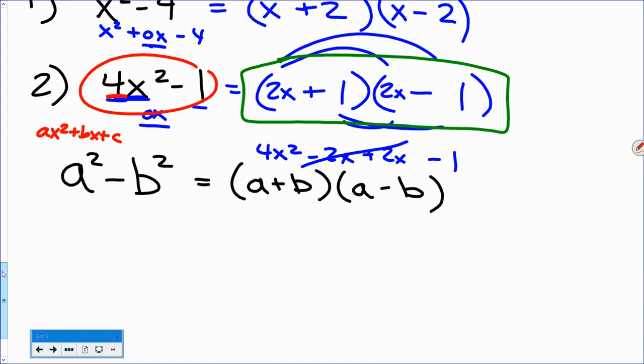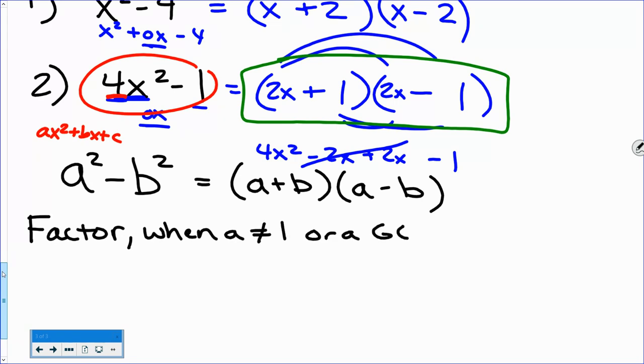When that a value in front of x squared is not 1, and it's not a greatest common factor, that does make the problem slightly more difficult. All right. So we're going to look at a couple examples where we are going to factor when that a value is not equal to 1 or a greatest common factor and what that looks like.